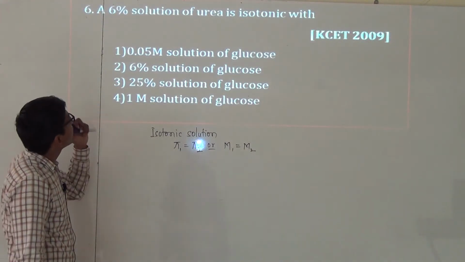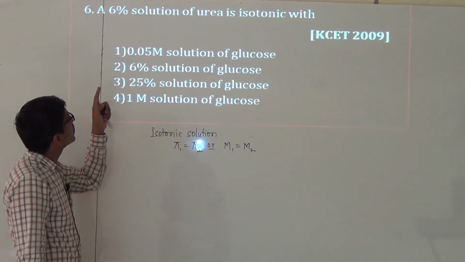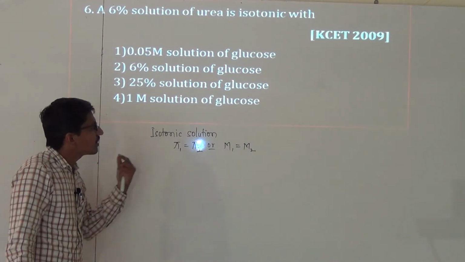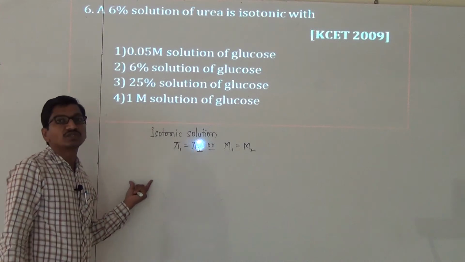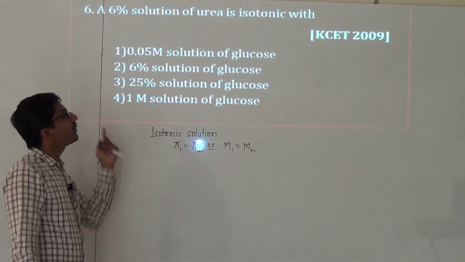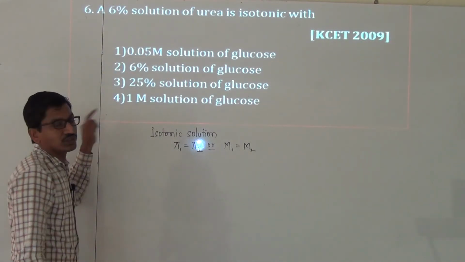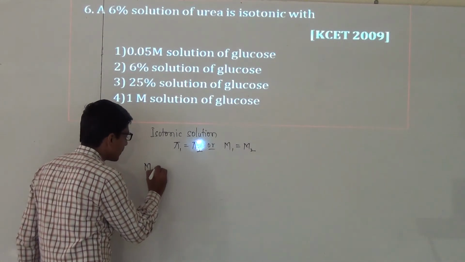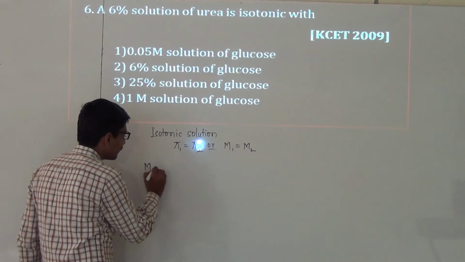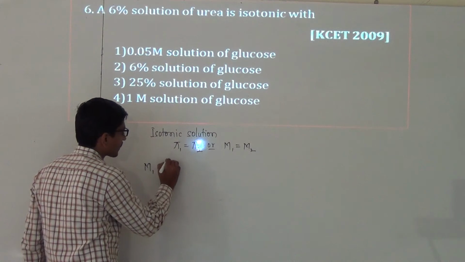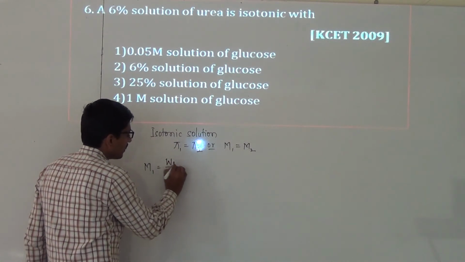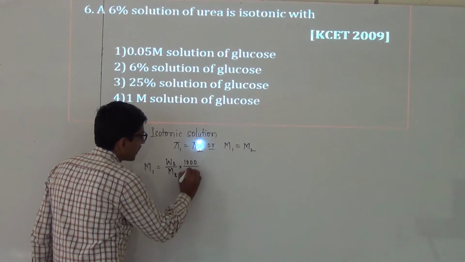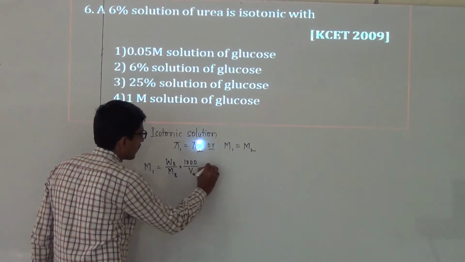First we have to calculate the concentration of urea solution. 6% urea solution is nothing but the concentration. We have to calculate the concentration and compare with these four options. That is M1, molarity of urea, is equal to WB by MB into 1000 divided by V mL.